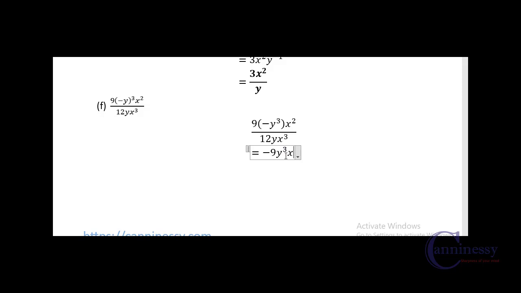multiplied by x to the exponent 2, right, then all over, divide by 12y x to the exponent 3.